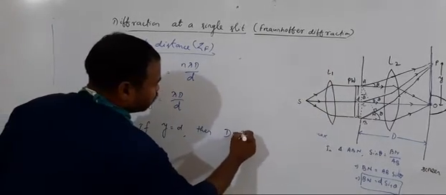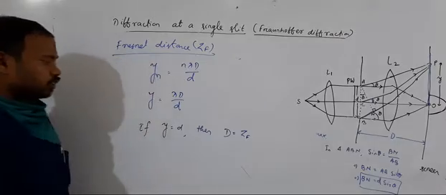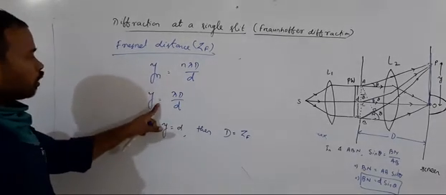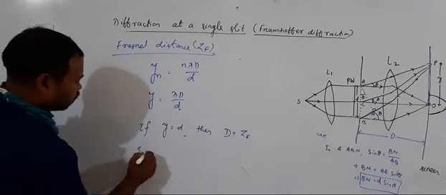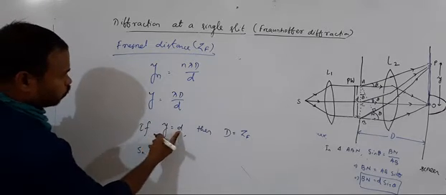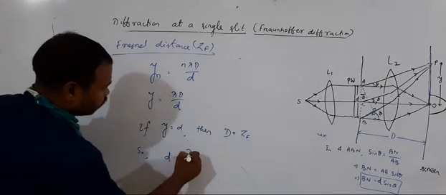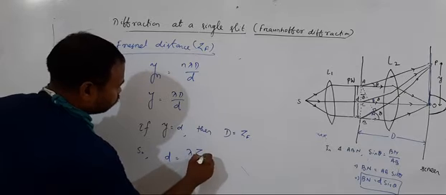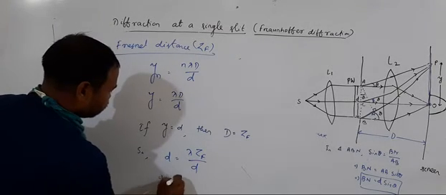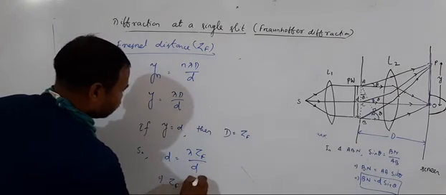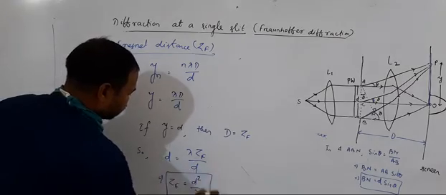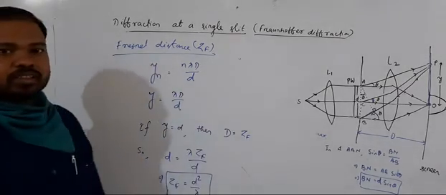That means D is called the Fresnel distance. So if we put the value here, y is equal to d, and D is your ZF, so lambda ZF by d equals d, or ZF is equal to d square by lambda. This is the Fresnel distance. Okay. Thank you.